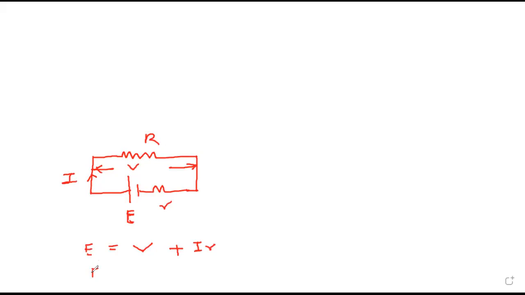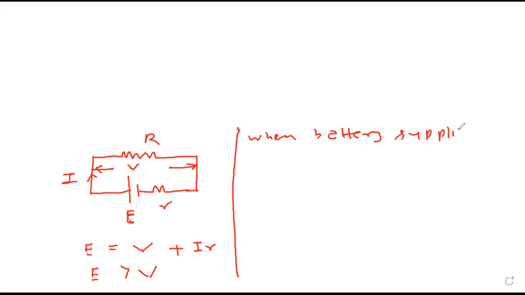So in this case, we can clearly say E is greater than V. So E is greater than V when the battery supplies current.